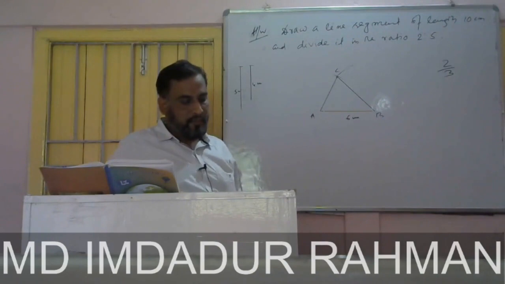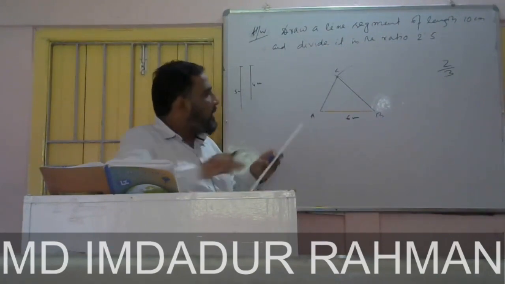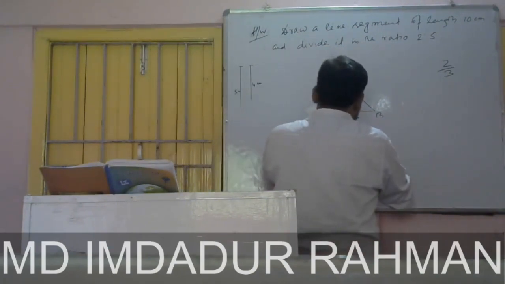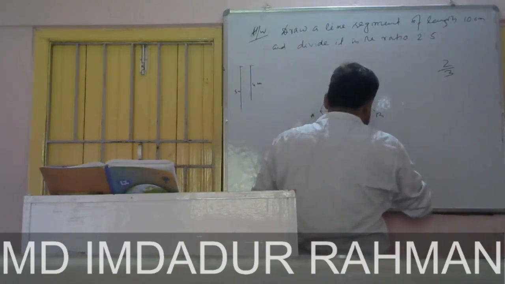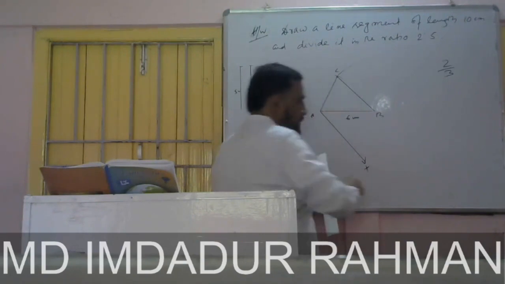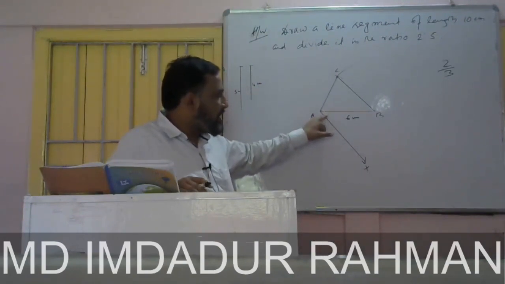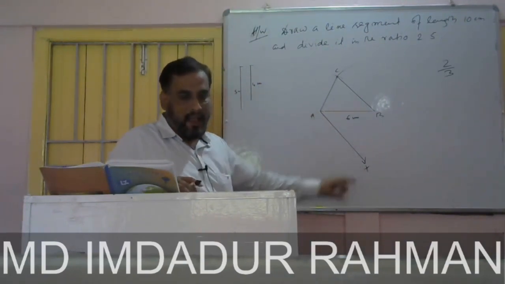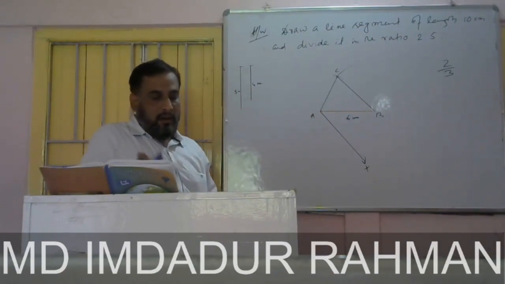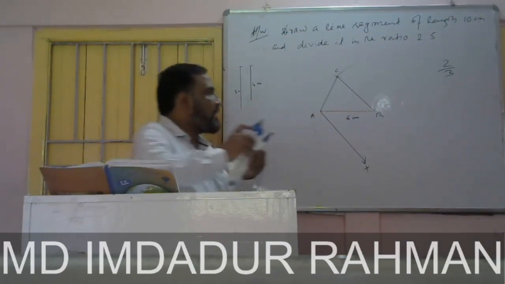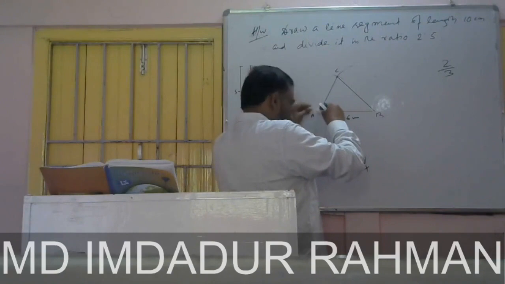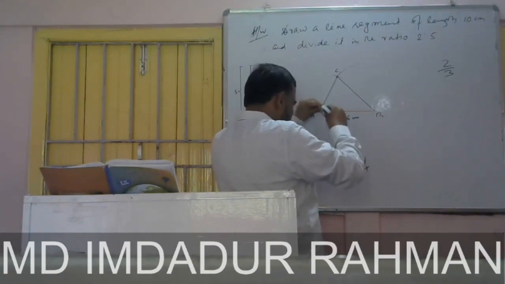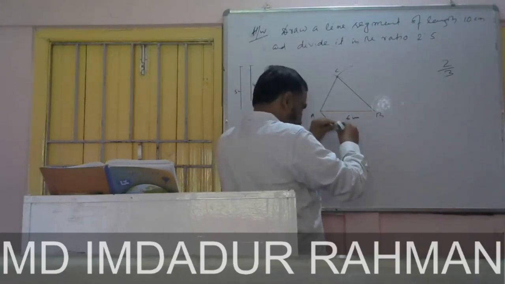So, as earlier, we have to make an angle of about 60 degrees and name the ray as AX. Now divide it into 3 equal parts.